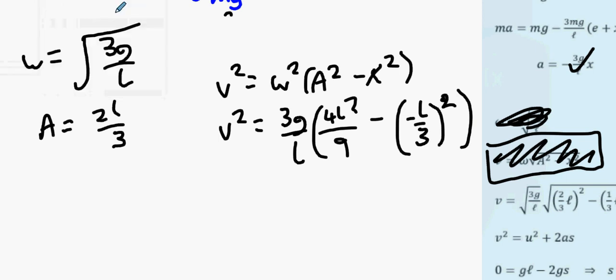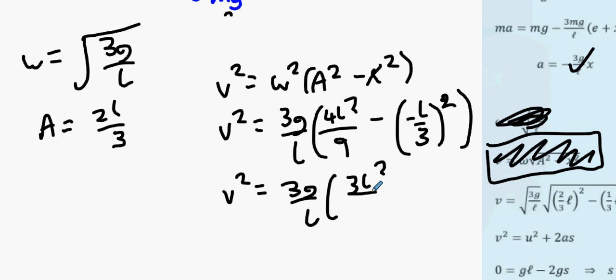Now, would everybody agree that v squared equals 3g over L, and then that's 4/9 minus 1/9, which is 3/9, which is a third. Okay. And what else will cancel now?